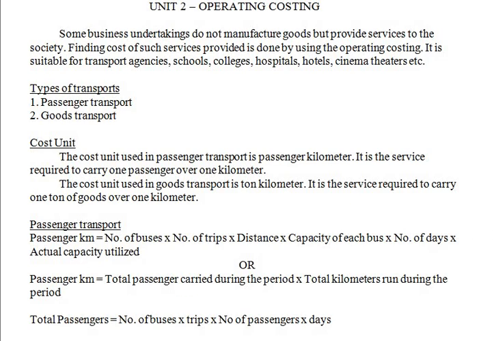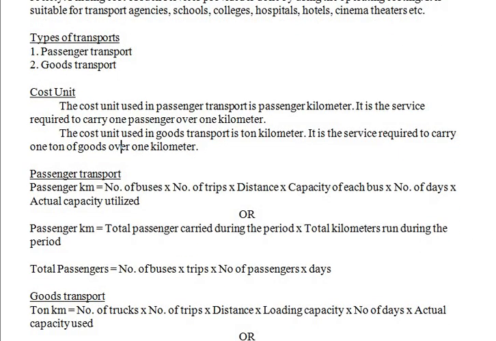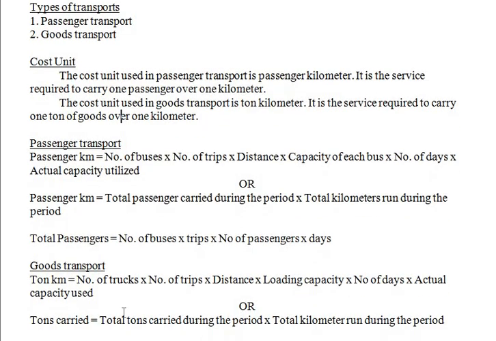Now here are some of the formulas. You will have to make a note of these formulas. First, passenger transport. Passenger kilometer is equal to number of buses into number of trips into distance into capacity of each bus into number of days into actual capacity utilized.